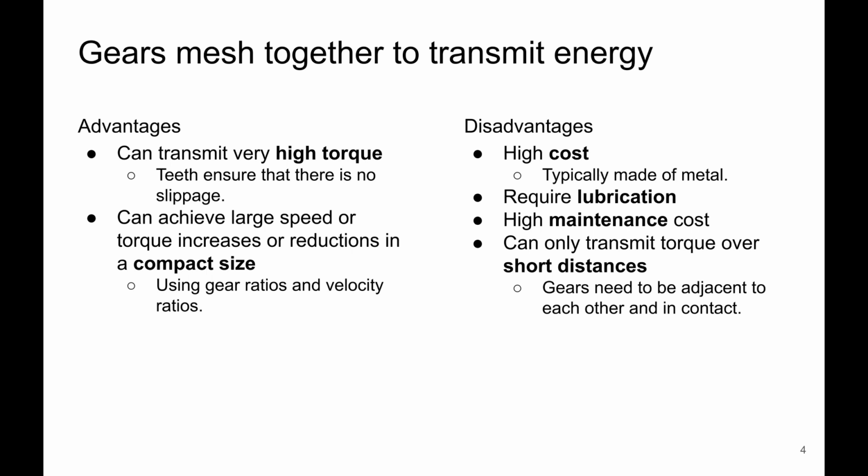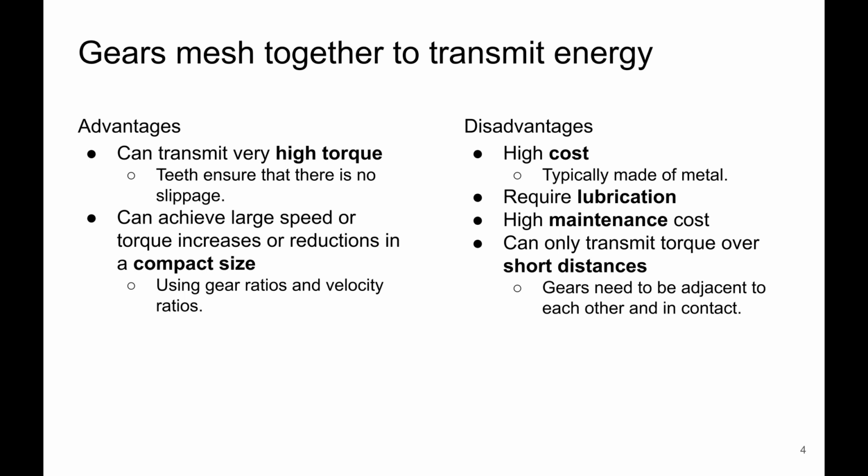Gears do have some disadvantages, the main one being they are typically high cost because they're usually made of metal, and because they are metal components that are in contact with each other, they do require lubrication, and this contributes to high maintenance costs.